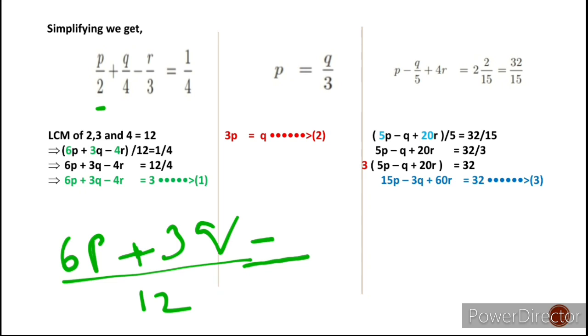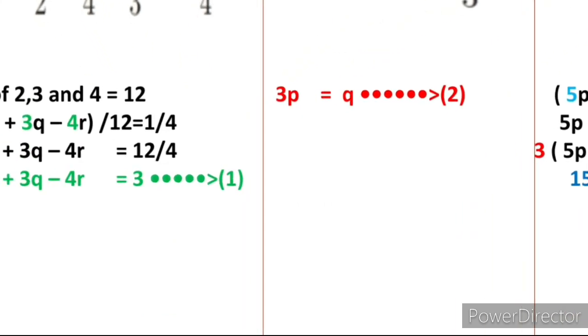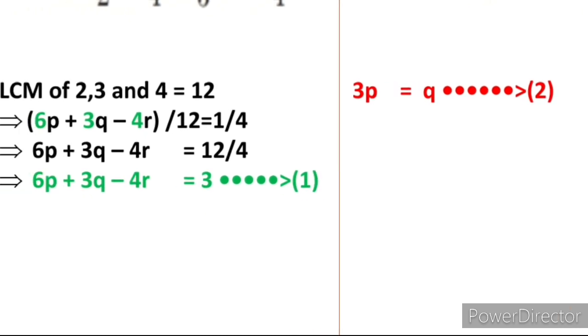How many 3s in 12? 4 threes are 12, so multiply 4 in the numerator: 4r. That is 6p plus 3q minus 4r by 12 is equal to 1 by 4.